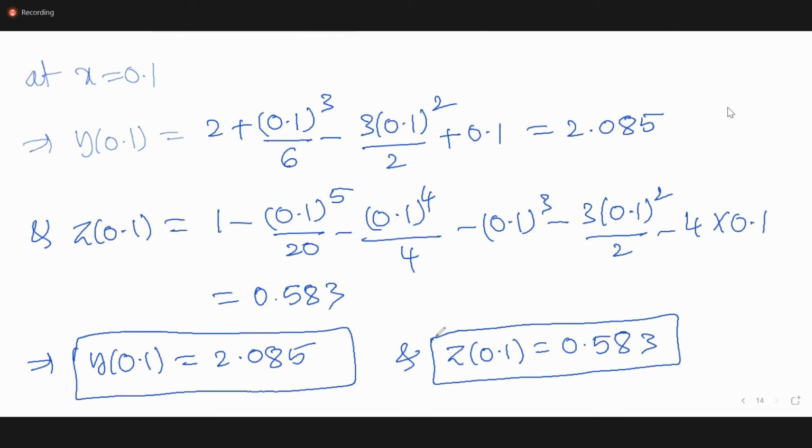In the first approximation, what is y of 0.1? 2.105. Okay. Z of 0.1, 0.205. Okay.